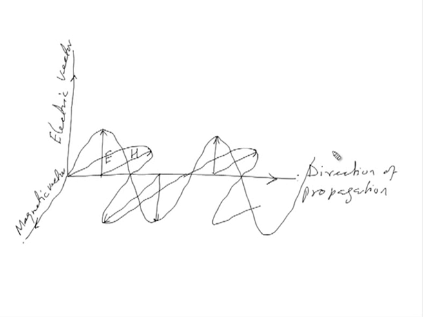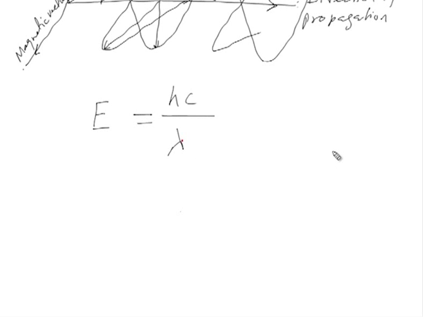Now, as we said, the energy of this wave could be expressed in this equation, where h is Planck's constant, c is the velocity of light, and lambda is the wavelength of the radiation.